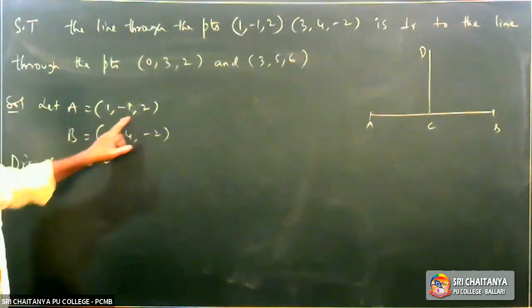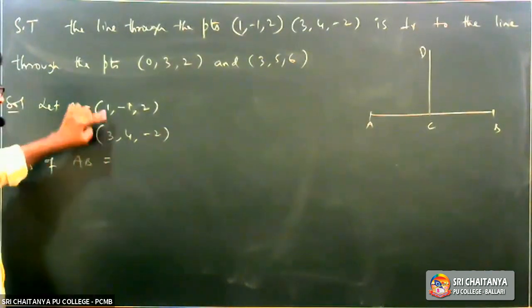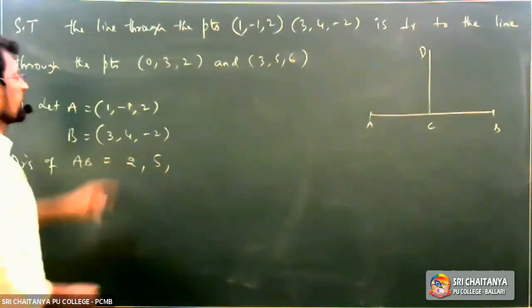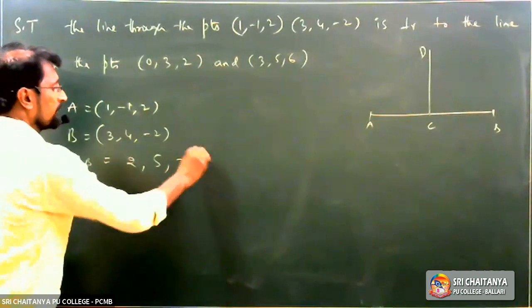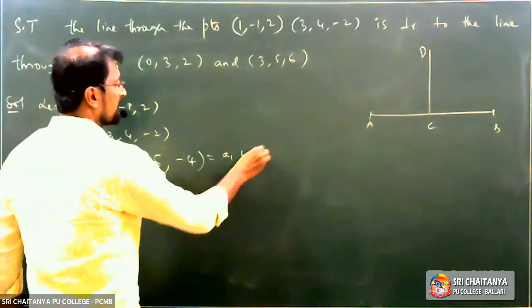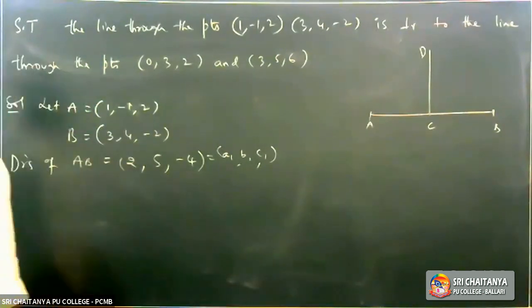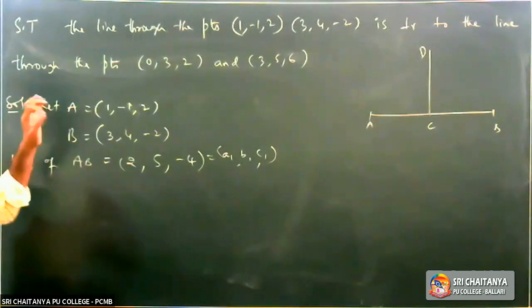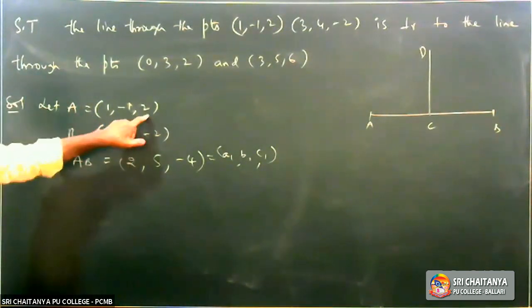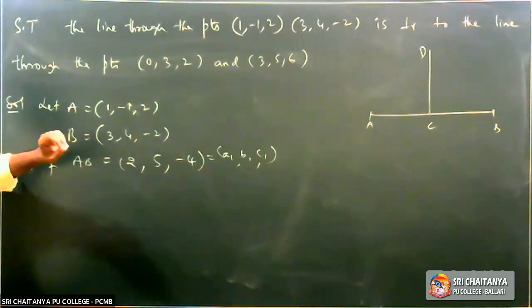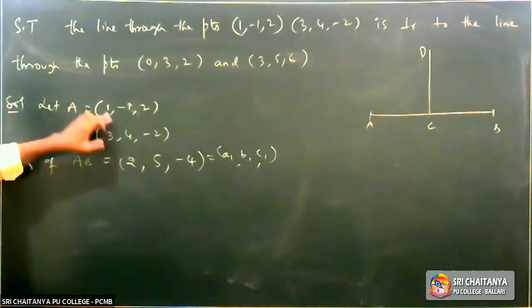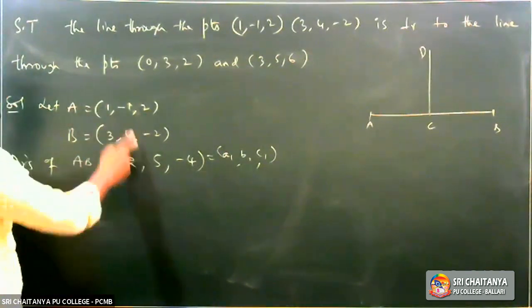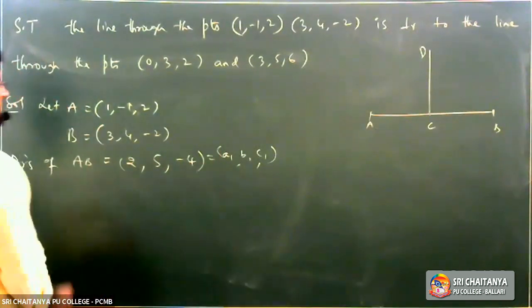The direction ratios are x2 minus x1, y2 minus y1, z2 minus z1, which is equal to 2, 5, -4. These are a1, b1, c1, the DRs of AB.